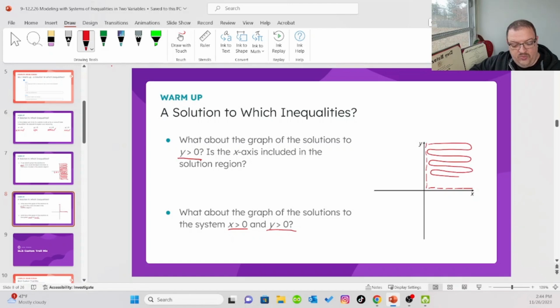This is where we're going to have positive values of x and positive values of y. That would be the area where both x and y would be greater than 0.